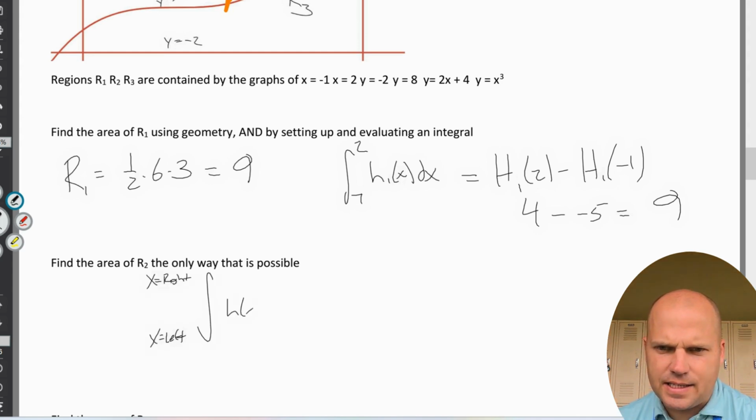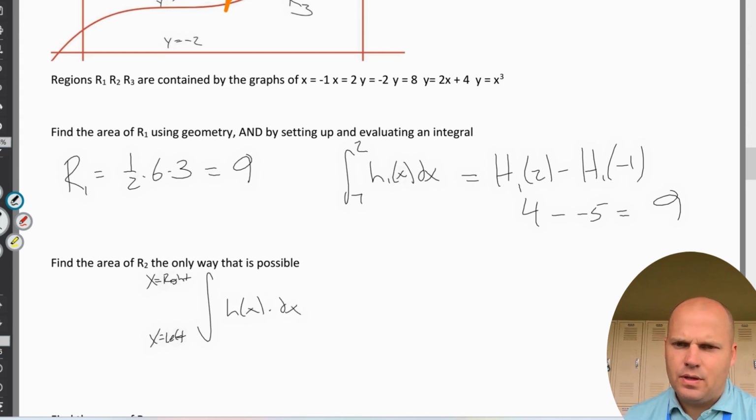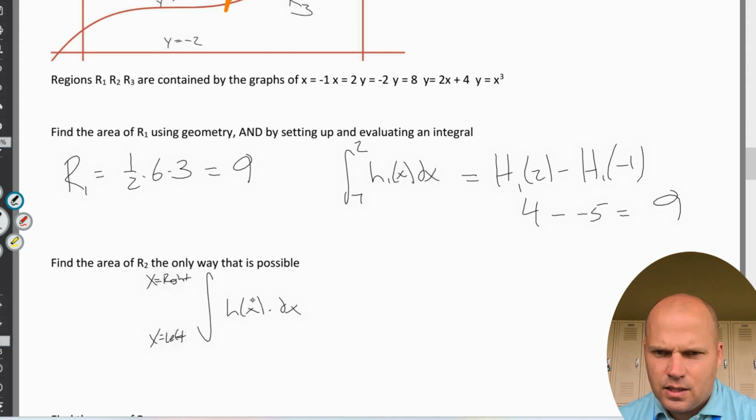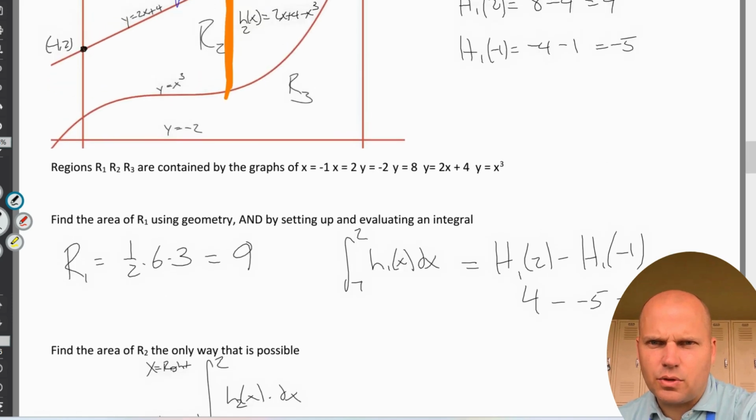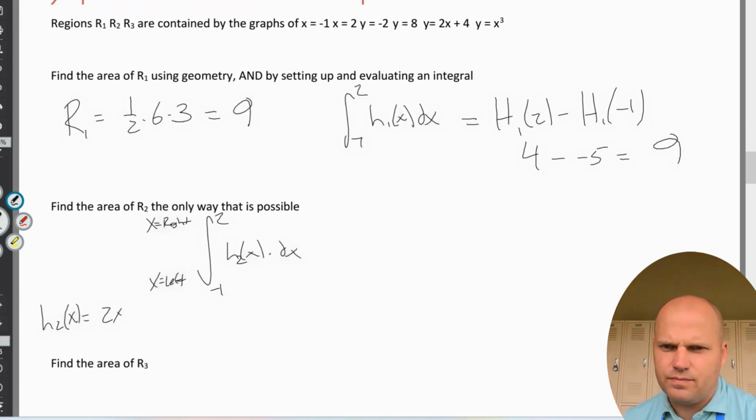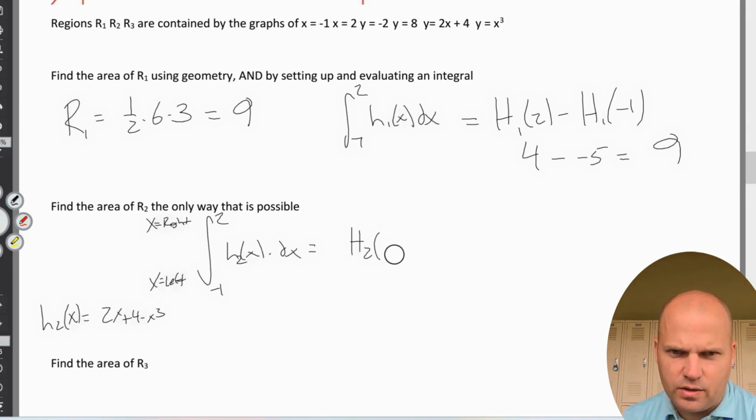A height times a width. The height will be h2. h2, we said, is 2x plus 4 minus x cubed, which means if I want to do super h2 of 2 minus super h2 of negative 1, I'll have to find super h2.